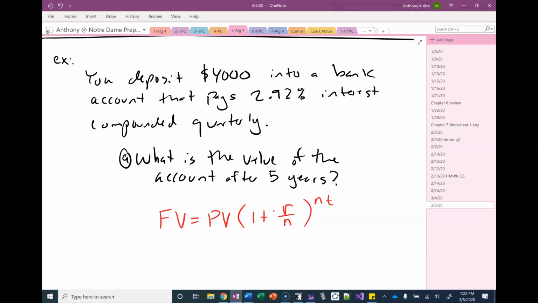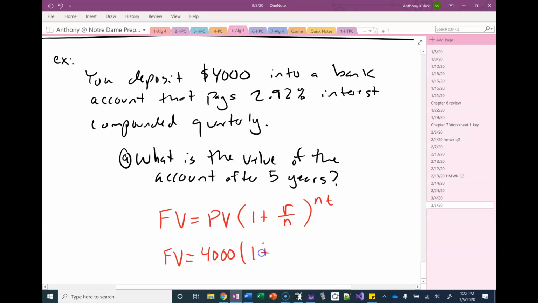So what are we looking for in part A? The future value, right. How much is that account going to be worth in 5 years from now? Okay. So what are we going to fill in then for PV? $4,000, right. Whatever is in the bank account right now, that would be the $4,000 you put in there.